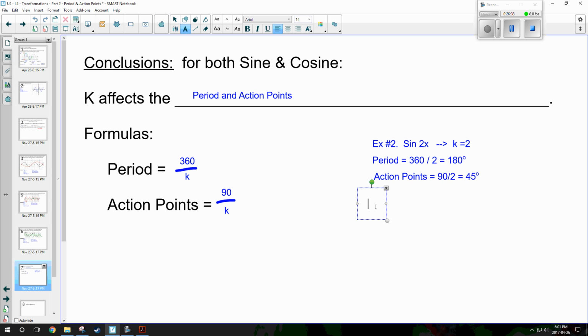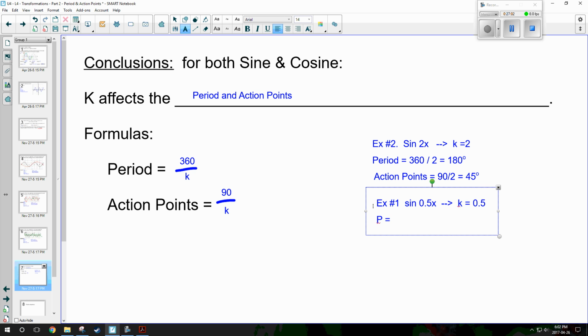Let's just quickly look at the next example, similarly with these equations. So let's do example number 1. When we do example number 1, that was when we were graphing sine of 0.5x. So in this case, that meant our k value is equal to 0.5.